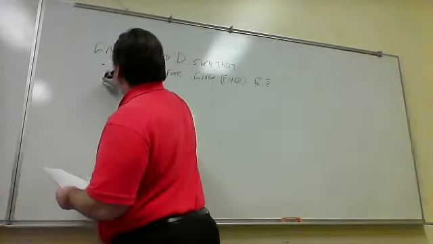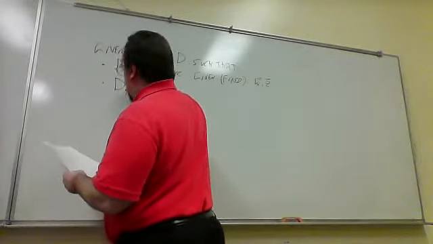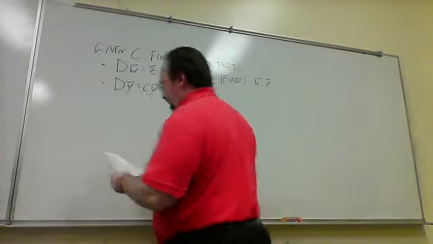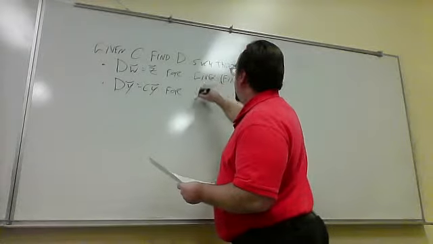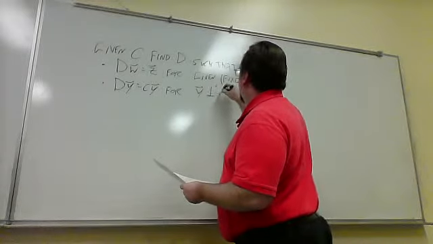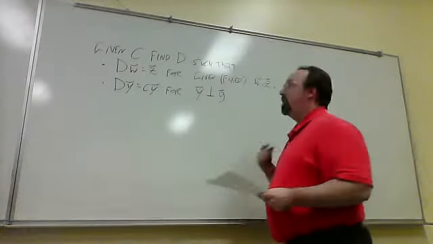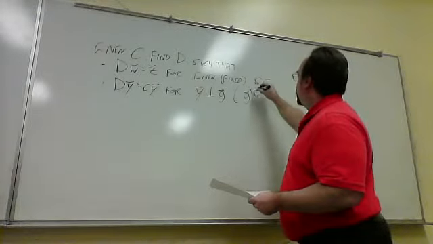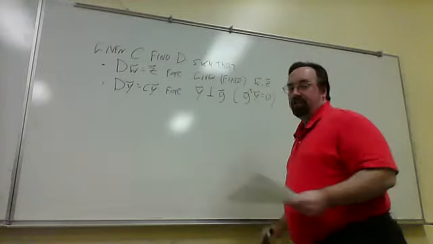And then we have Dy is equal to Cy for all y that are orthogonal to a certain given vector g. So in other words, g transpose y is 0.